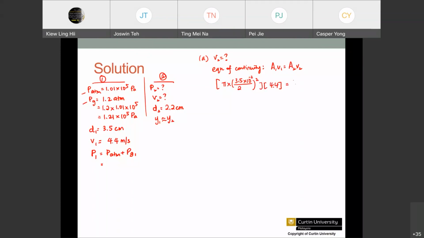A2 is pi r squared, 2.2 centimeters, convert to SI units, divide by 2 to get the radius, squared, times your V2.